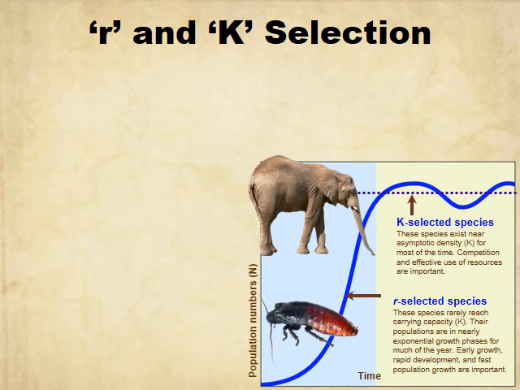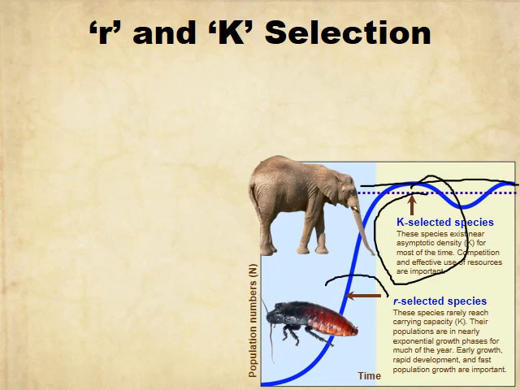Okay. R and K selected species. Your K selected species, this dotted line represents your carrying capacity, which is the amount of organisms that an area can support indefinitely. This is your happy medium. So we call these organisms that usually live around here our K selected species.